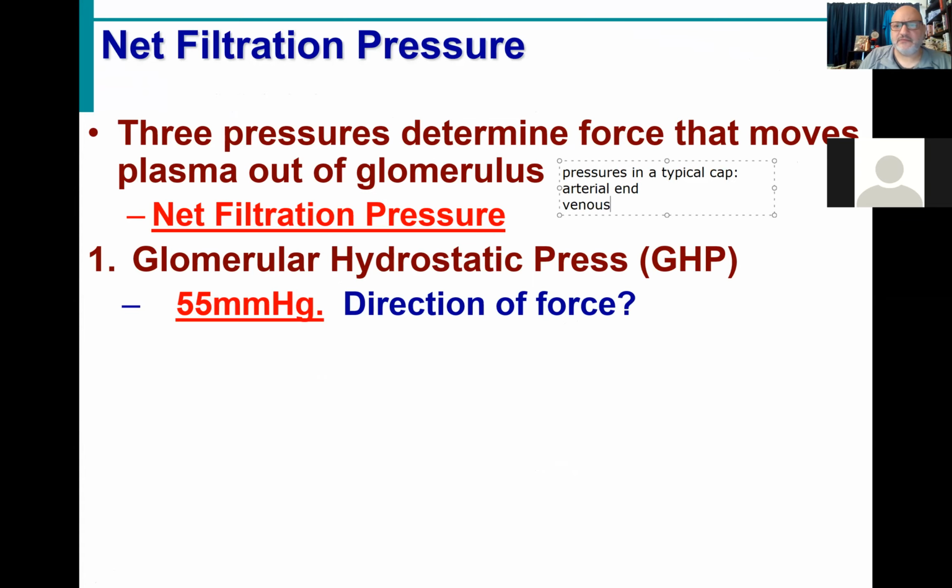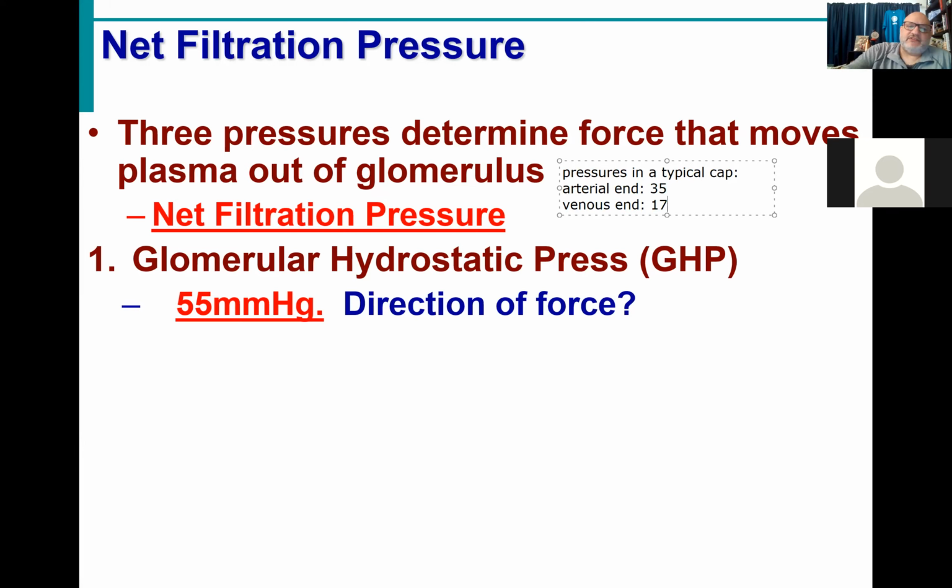Does anybody remember what those 2 hydrostatic pressures were? Yeah, exactly. Well, not 25, 26, close. It was 35 at the arterial end, and it was 17 at the venous end.